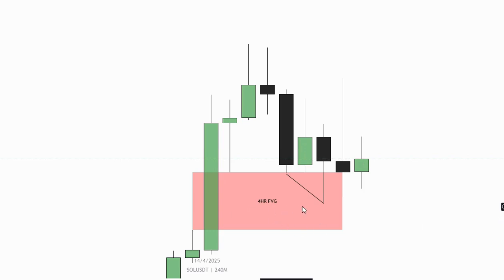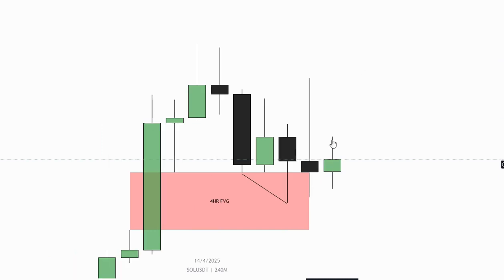So we are in a 4-hour FVG, price has taken the short-term low and it has rejected it above the close of these candles. What does that tell you? I want this next candle to open low and go high. That is the anticipation.